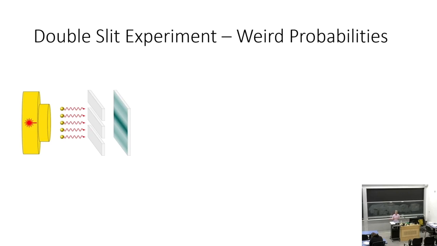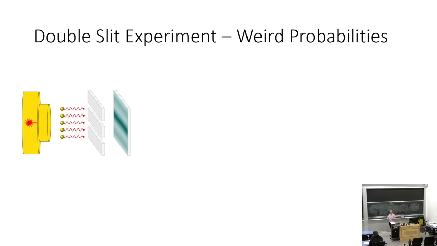What's weird is that if we think about some interval on the second wall, if P is the probability that the photon lands in the interval when both slits are open, and P1 is the probability that the photon lands in the interval when only slit 1 is open, and P2 is the probability that the photon lands in that interval when slit 2 is open, you'd think that P equals P1 plus P2, but that is not the case.